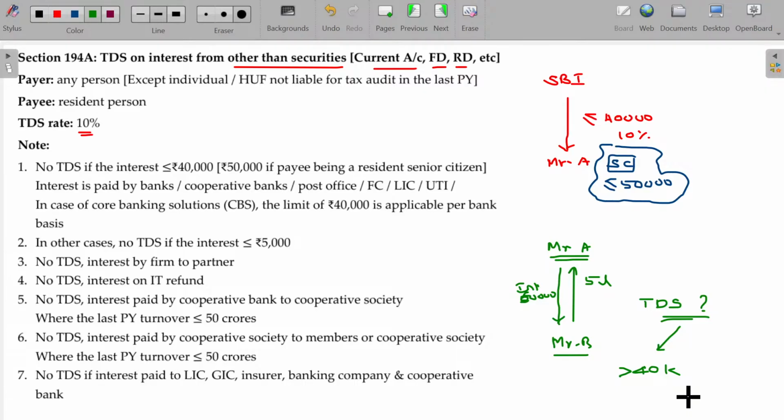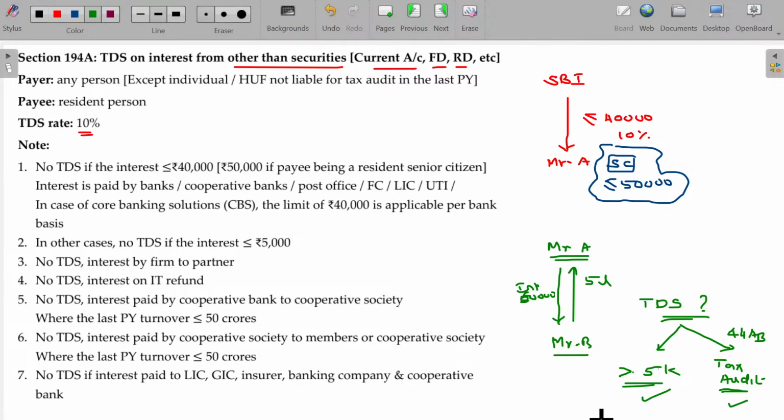Even as it is not the scenario of a banking company, even if the value is more than 5,000, TDS is applicable. You have to verify one more condition. What is that? Mr. A is liable for tax audit. Tax audit falls under section 44AB.